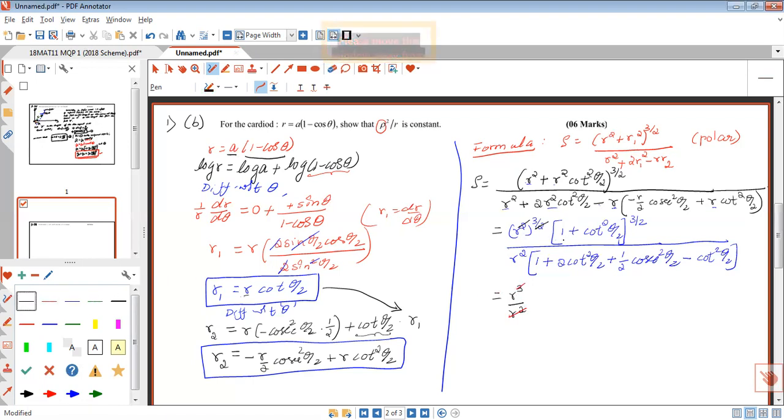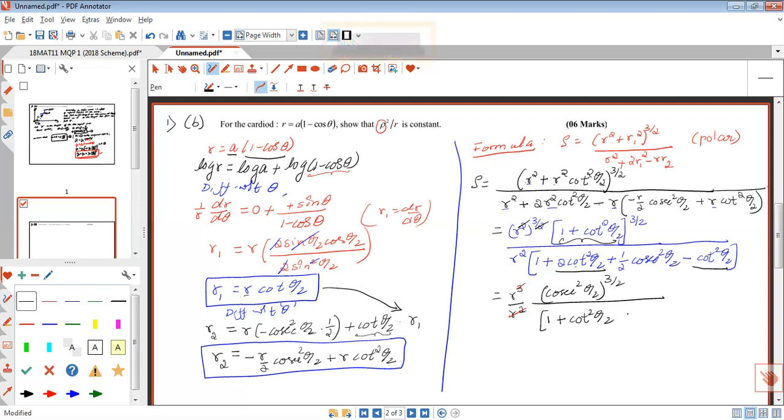And what is 1 plus cot square theta? By the identity, it is cosecant square theta by 2, that power 3 by 2. Okay, and adding this 2 cot square theta by 2 minus cot square theta by 2, 2 minus 1 times cot square theta by 2, that is plus 1 times cot square theta by 2.